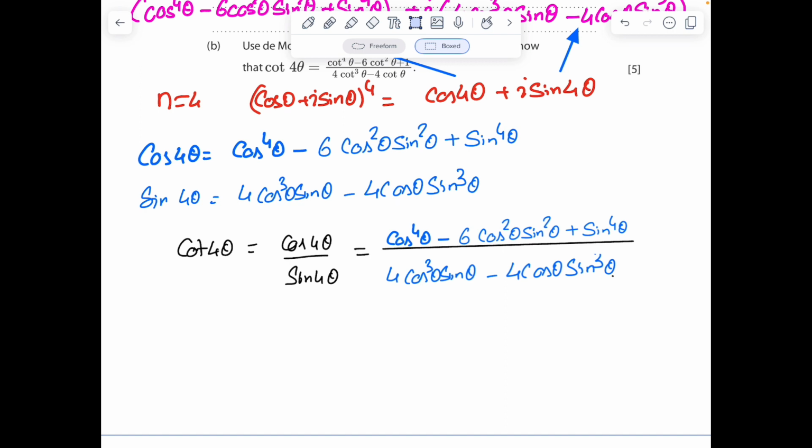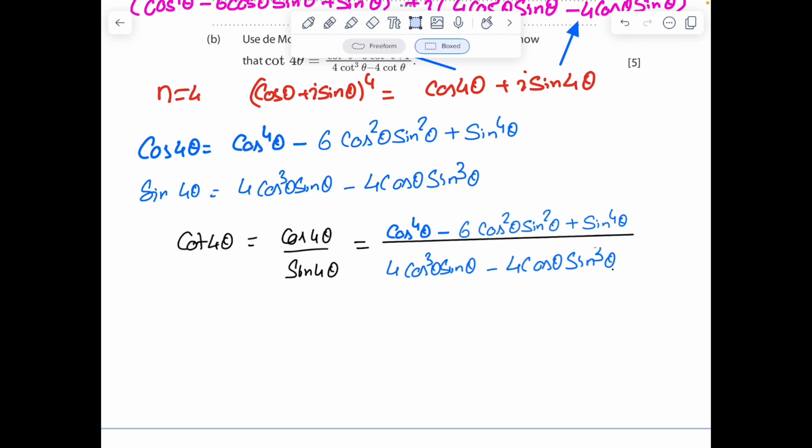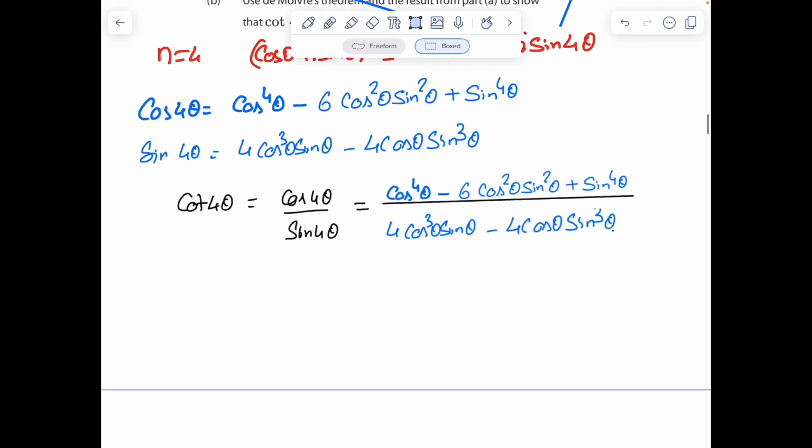Then what am I going to do? I am going to divide both numerator and denominator with sin power 4 theta.